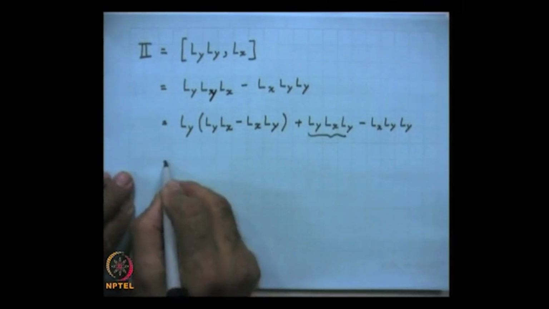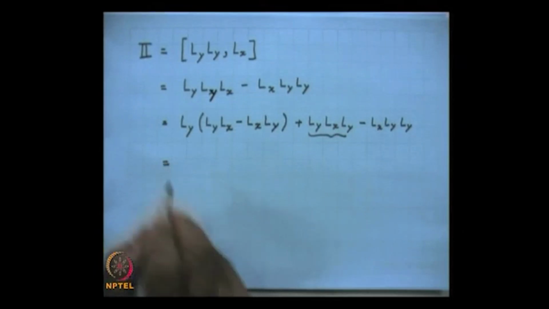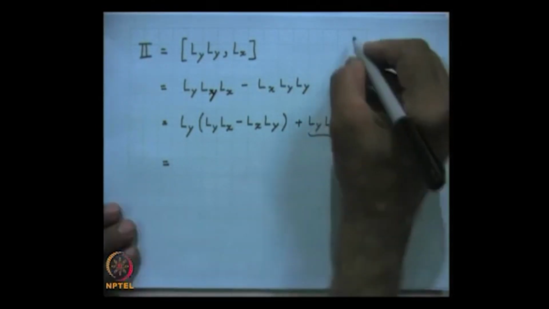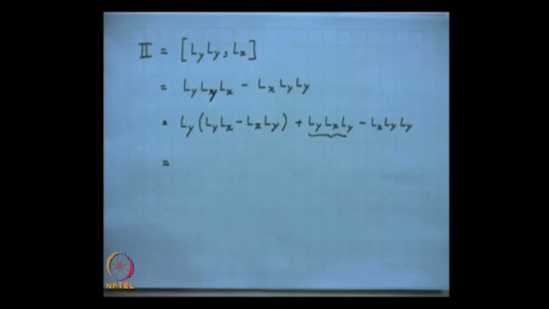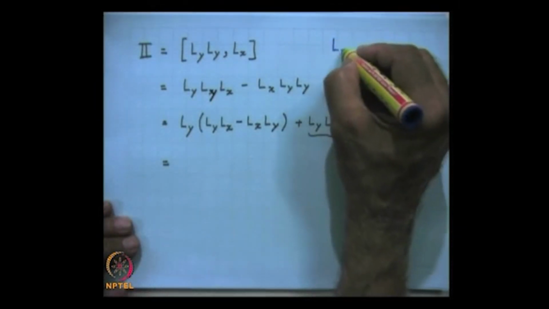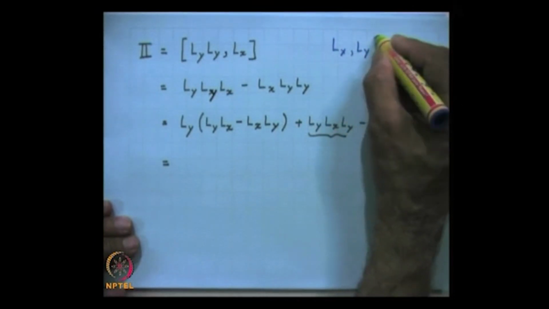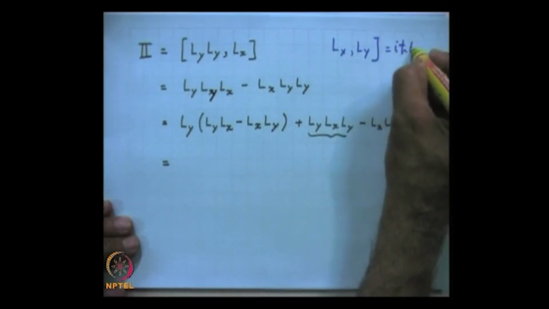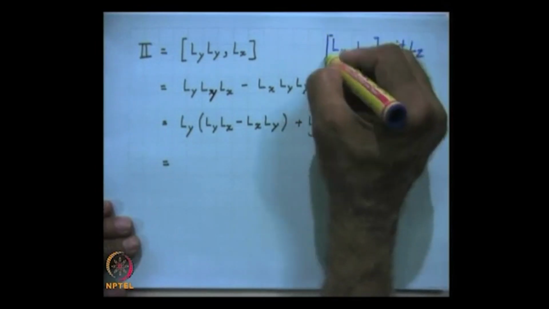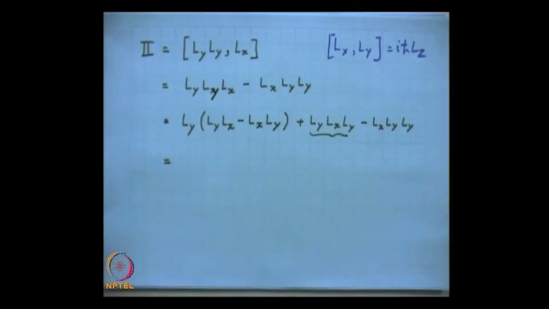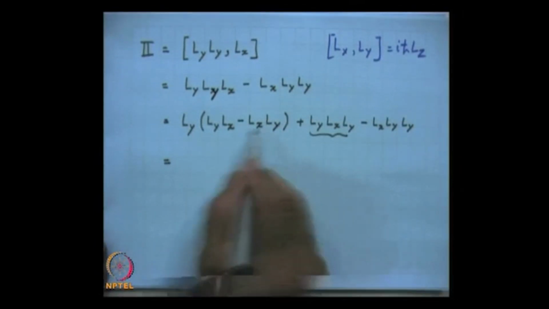So, from the previous analysis we had shown, a little earlier, that L x comma L y is equal to i h cross L z. So, this is L x L y minus L y L x. So, this is the negative sign of that.